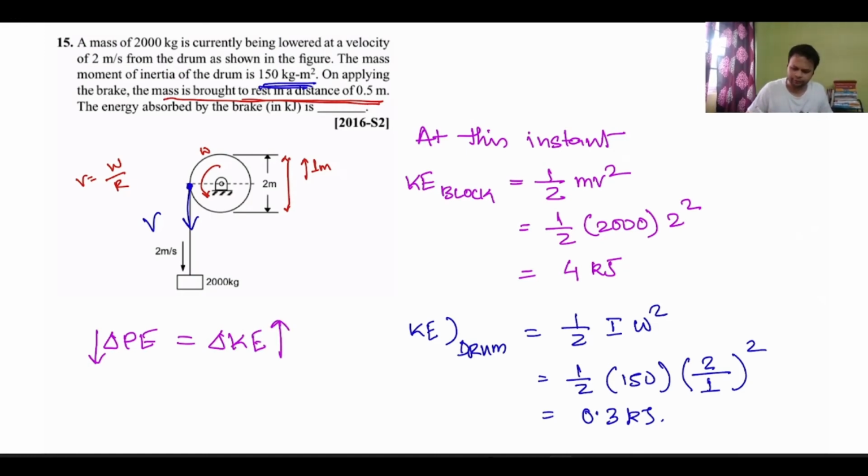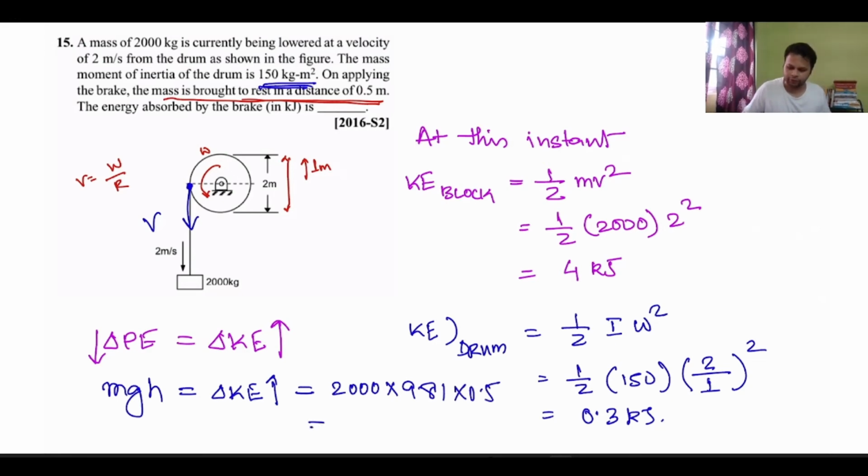What is delta KE now? Delta PE is equal to mgh, which equals the increase in kinetic energy. Only the mass is coming down, the drum is only rotating, so m is 2000 times g, which is 9.81, no other value like 10 is given. Times h, given as 0.5.